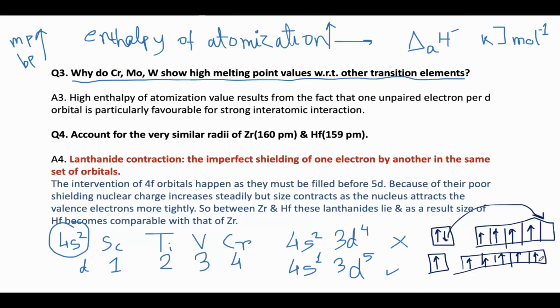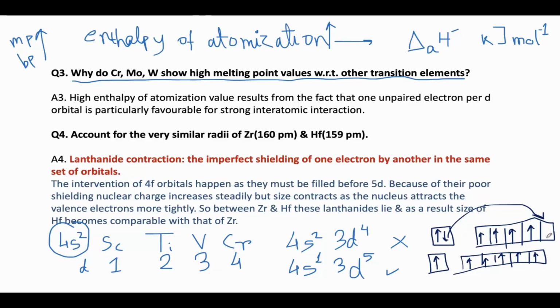From 4s2 3d4, we reach 4s1 3d5 by investing some amount of energy, because we have to break the pairing energy between these two S electrons and excite one electron to the high energy D orbital.